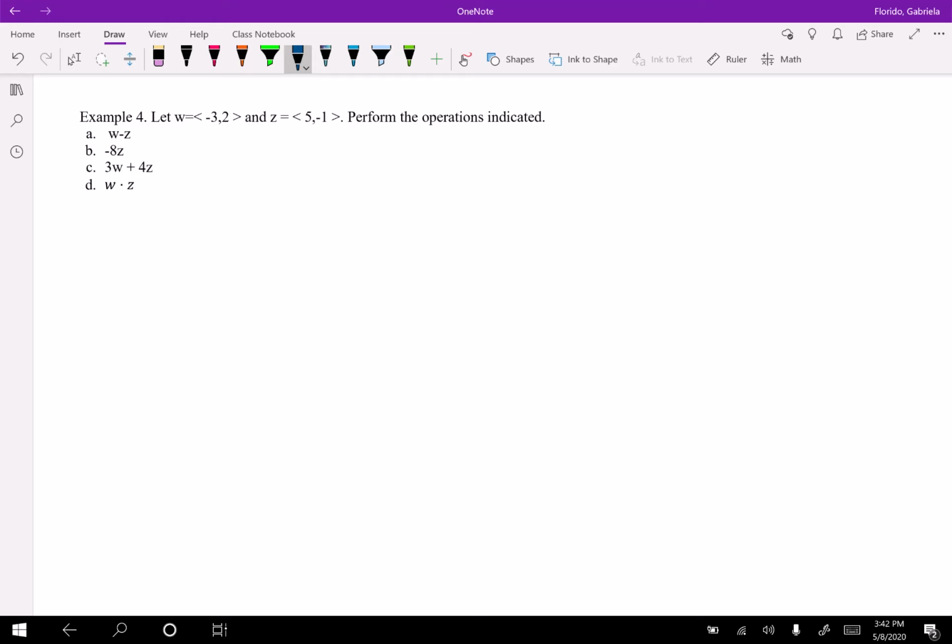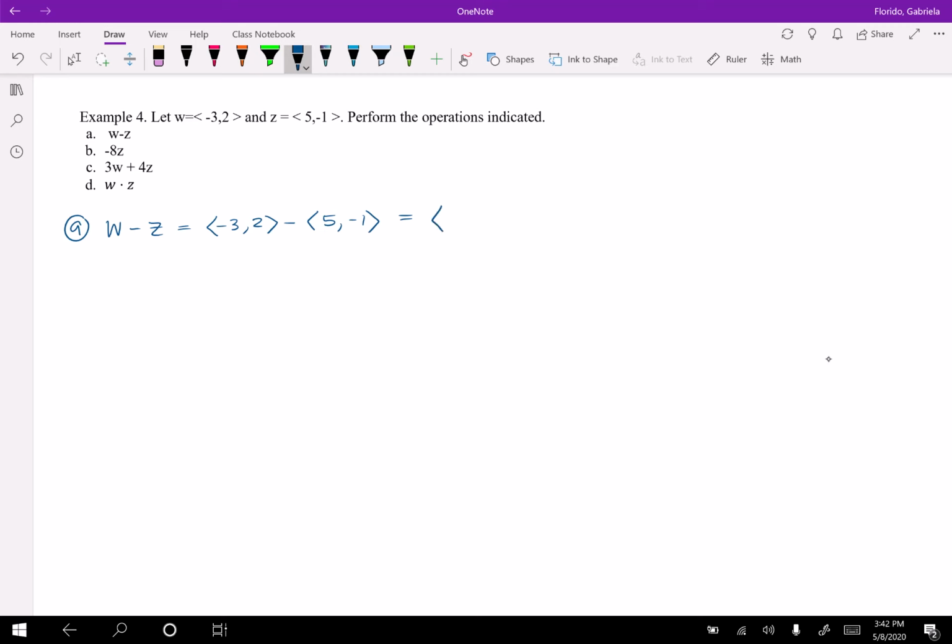So let's start with A. So here's little a. We want to do W minus Z. And so my vector W is -3, 2, minus my vector Z, which is 5, -1. And so remember, when we subtract these, we subtract them component-wise.